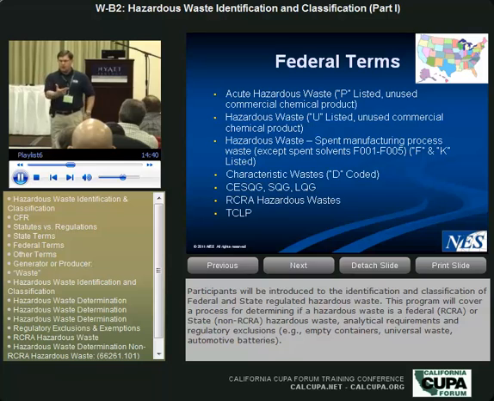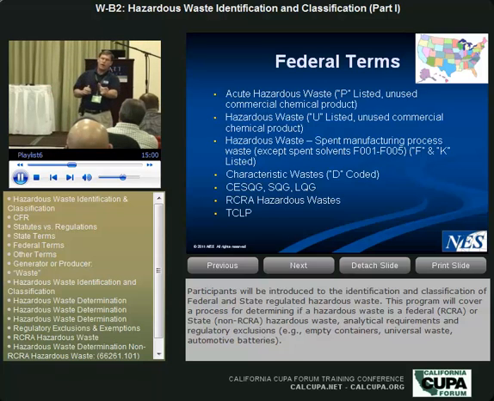And if something has been used and no longer can be used for the purpose for which it was produced without processing, recycling, reclamation, or the like, then that is something that's considered spent. And P and U wastes are unspent formulations. They've not been used. They don't need further processing. Whereas hazardous wastes, which are the F and the K codes, which are from specific source and non-specific source venues or processes, those wastes have been used and they're spent.